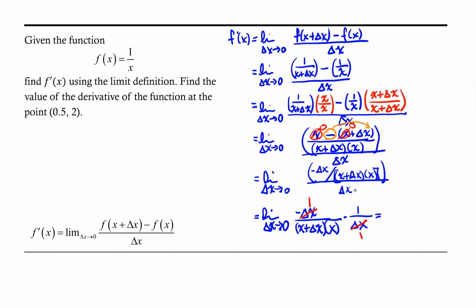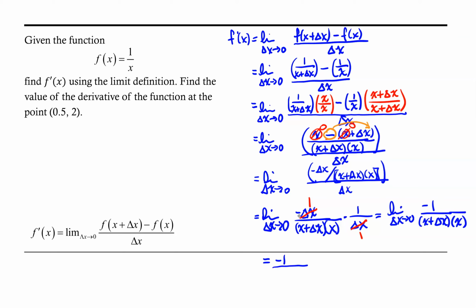And so we're really looking at the limit as delta x goes to 0 of negative 1, don't forget that negative out here in front, negative 1 over x plus delta x times x. Now, as delta x goes to 0, that numerator, negative 1, does not change.